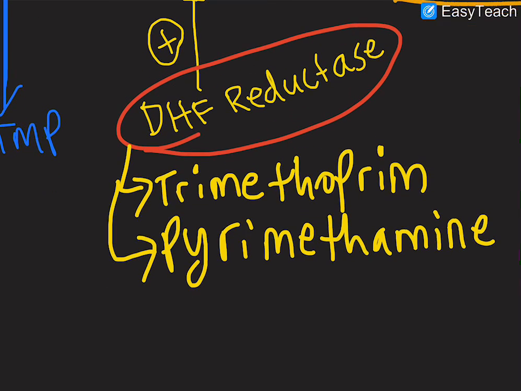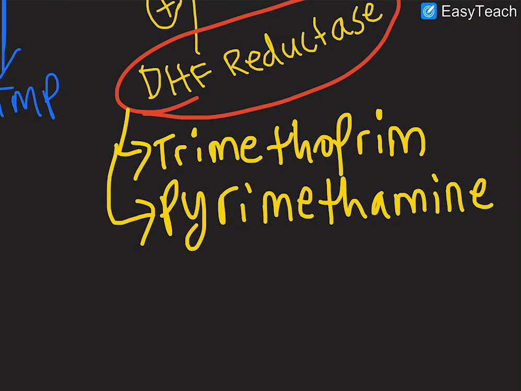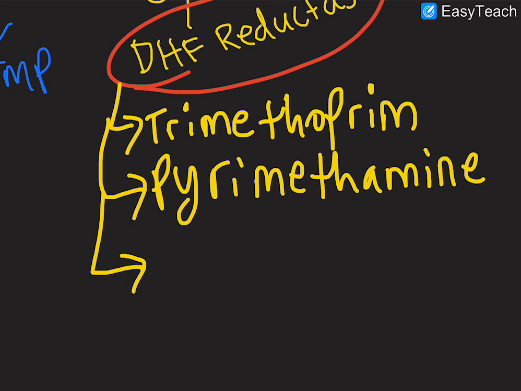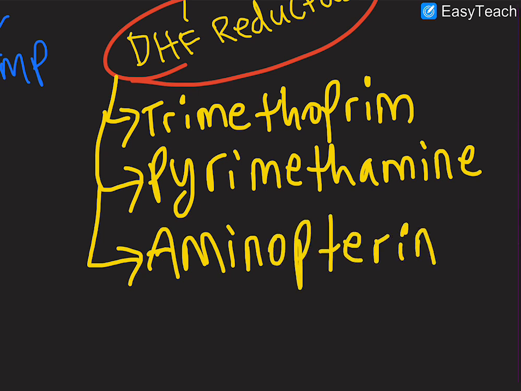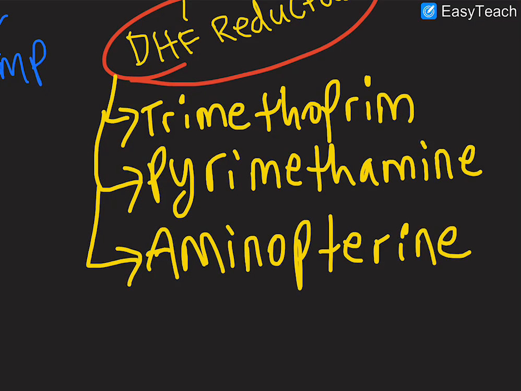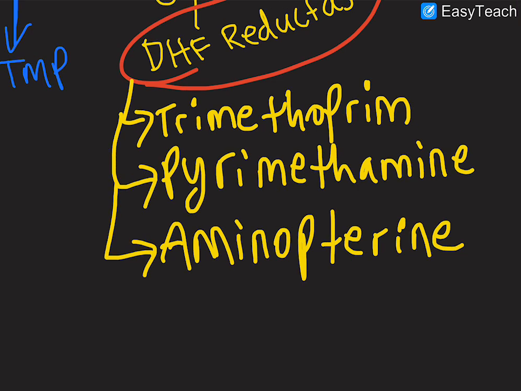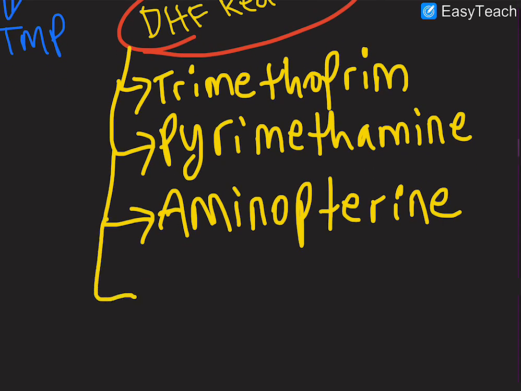So far we have trimethoprim, pyrimethamine. Another drug is aminopterin. Hopefully I'm pronouncing that right. Aminopterin. So that's three so far: trimethoprim, pyrimethamine, aminopterin. And let's go another one.